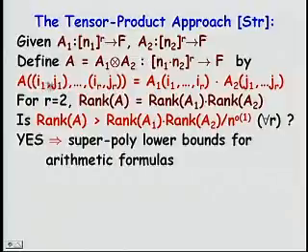So A of (I1, J1), (I2, J2), up to (IR, JR) is just A1 of I1, I2 to IR times A2 of J1, J2 to JR. So this is the tensor product of two tensors. Now, for dimension 2, for matrices, we know that the rank of the tensor product is the product of the ranks. This is well known.